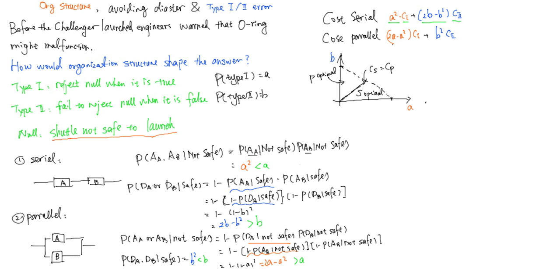And we can write out a curve where the cost of type 1 error and type 2 error will be exactly the same.